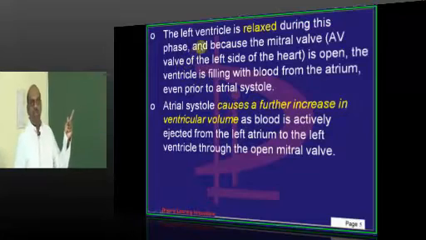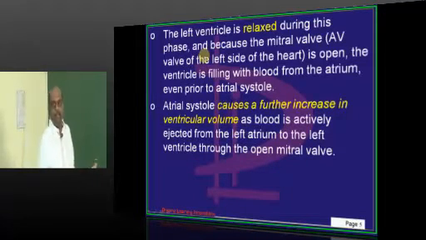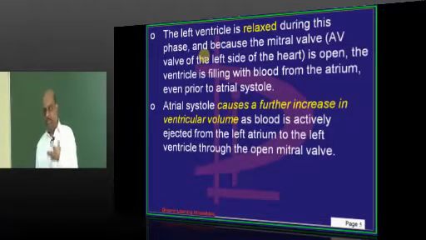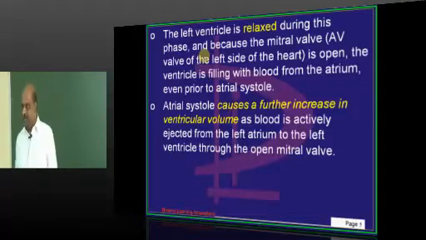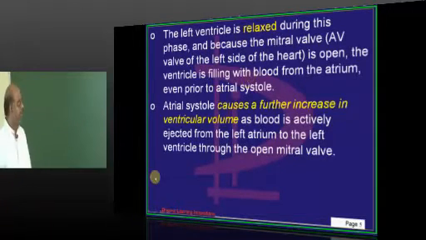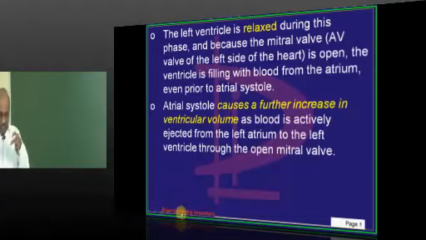Then during this phase, how is the left ventricle? The left ventricle is receiving the blood from the atria. It is not in a contracted state, it is in diastole. It is towards the end of its diastole. So it is in a relaxed state because the AV valves are open and blood is pushed by the contracting atria.